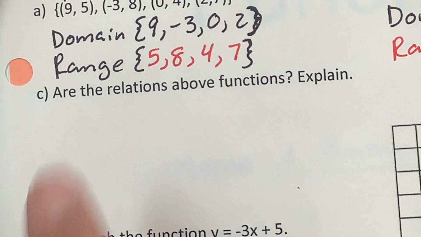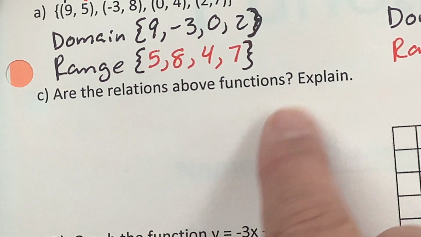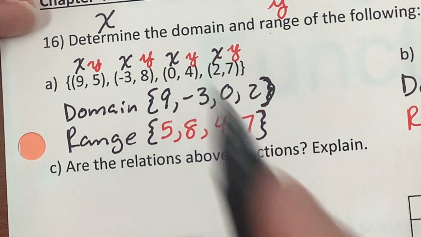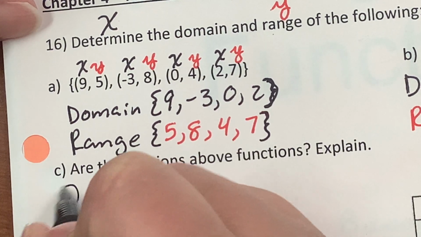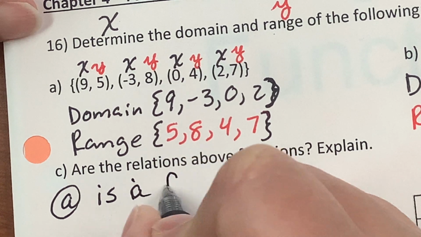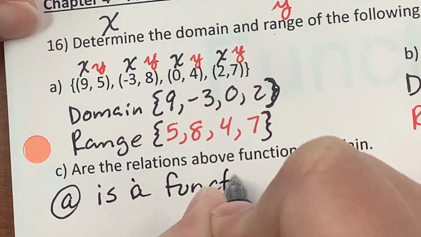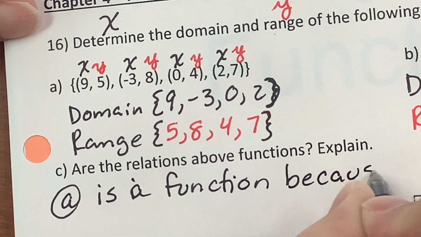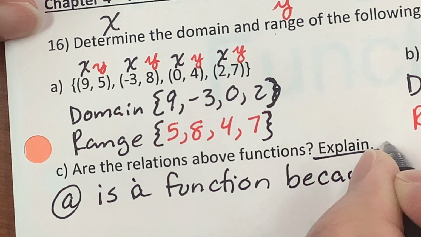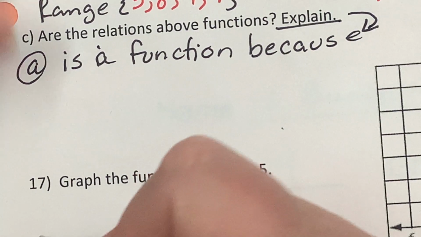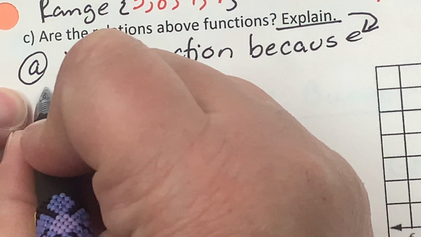Now it says, are the relations above functions? Explain. Well, this one is a function. A is a function because, whenever it says this word, explain, you need this word, because. So A is a function because the domain does not repeat.